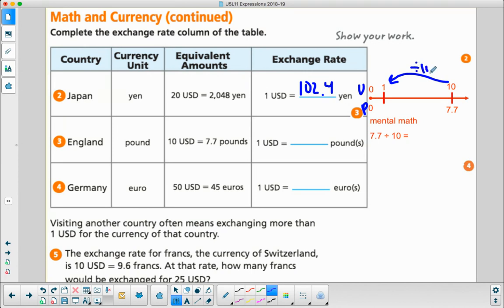And dividing by 10 is just shifting the digits one place. So when I divided 7 7/10 divided by 10, I just shift the digits one place to the right, or my decimal one place to the left.